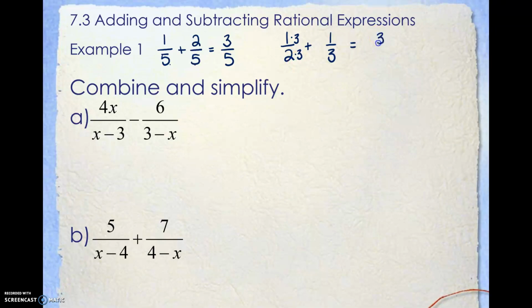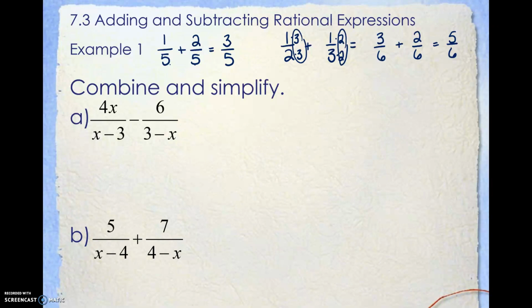That fraction would become 3/6. This one, we have to put in a factor of 2. That one would become 2/6. Then we could add them together. So this is what we are going to be doing with rational expressions. We're going to make the denominators match so that we can add or subtract them.